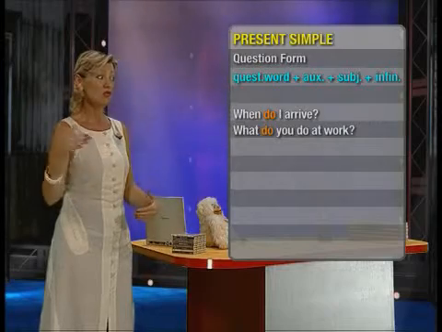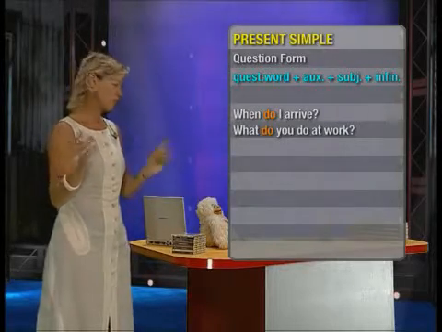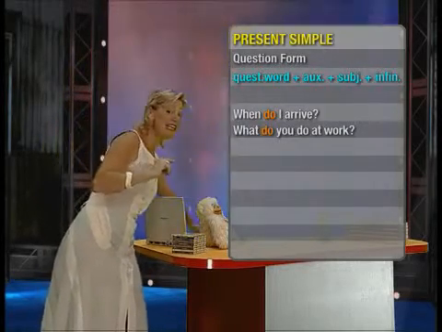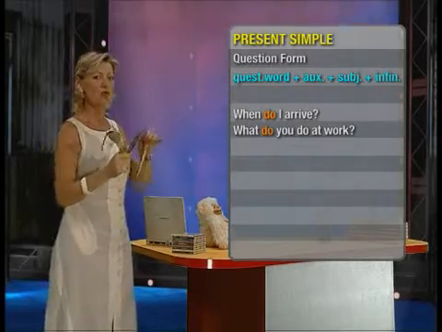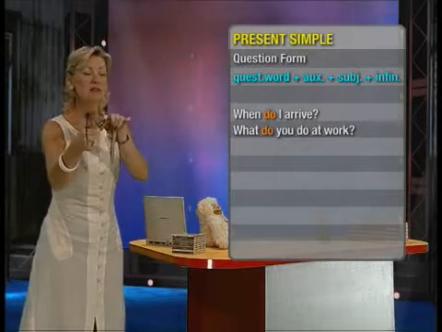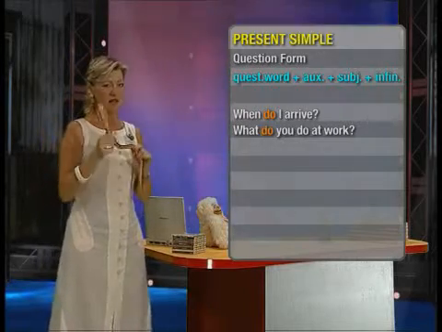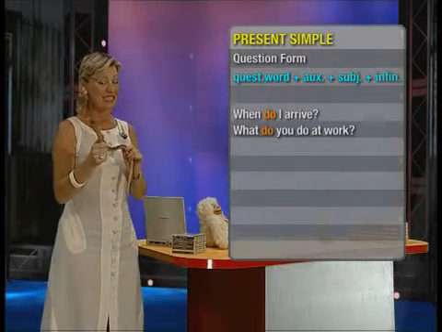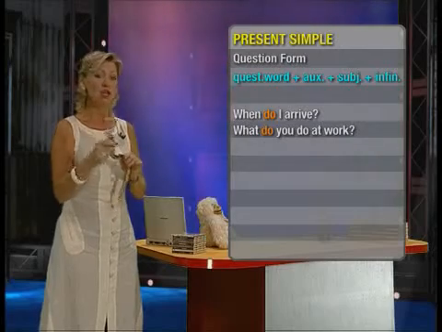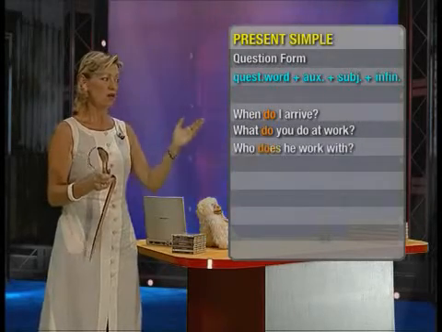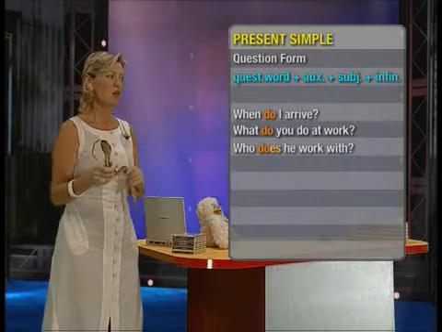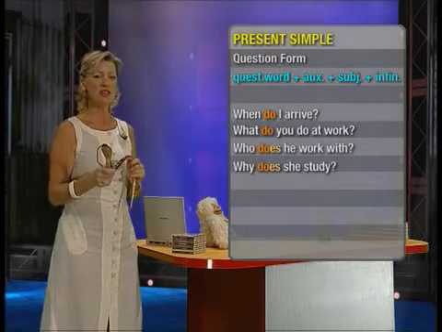What do you do at work? What do you do? Next one now, this is important: who does he work with? Remember, third person, the S, do becomes does. So who does he work with? Next one, why does she study?